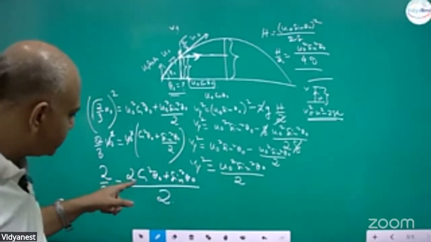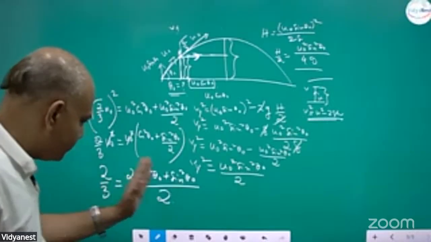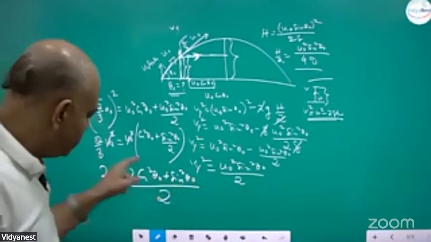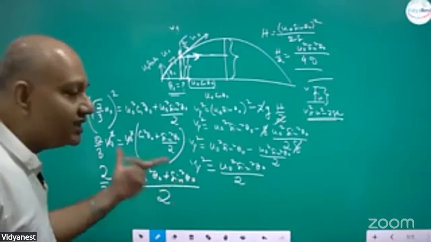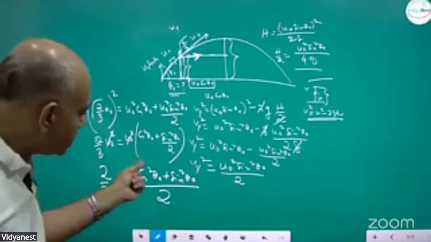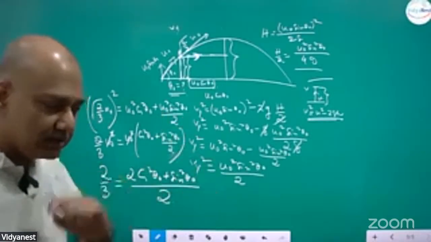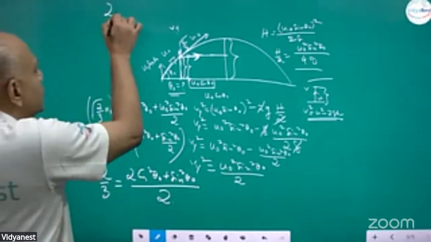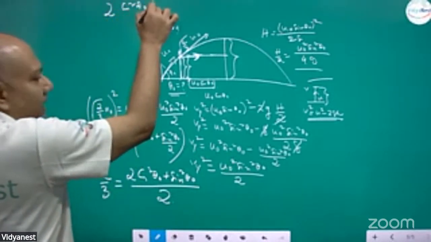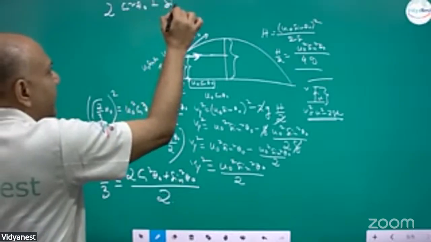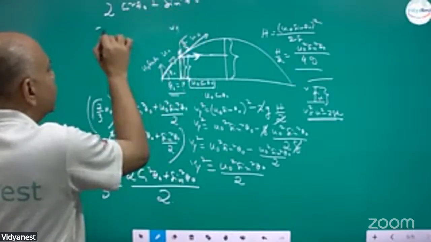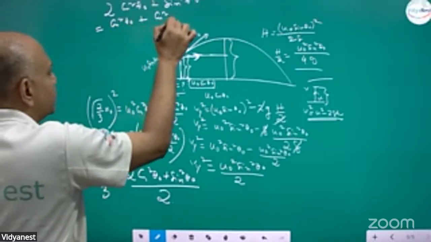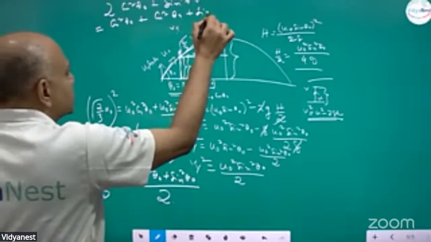Now if I split this, 2 cos square theta naught plus sine square theta naught means cos square theta naught plus cos square theta naught plus sine square theta naught.